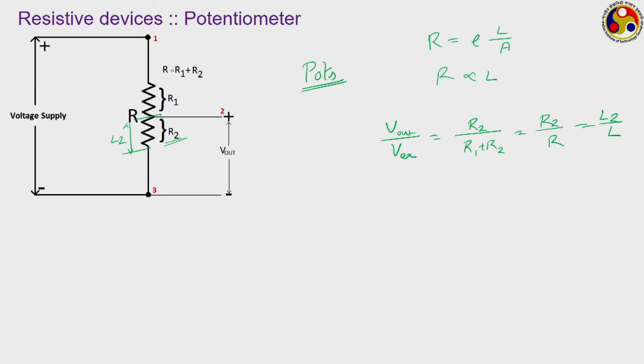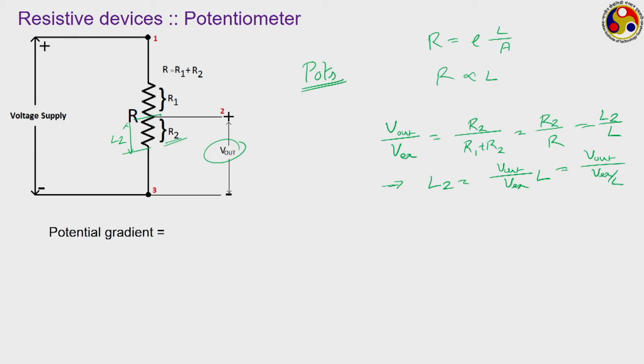So, by measuring this voltage V out, we can directly get the value of this resistance or output length L2. Or we can say L2 becomes equal to V out by Vx into L, or I can write it this way, V out by Vx by L.